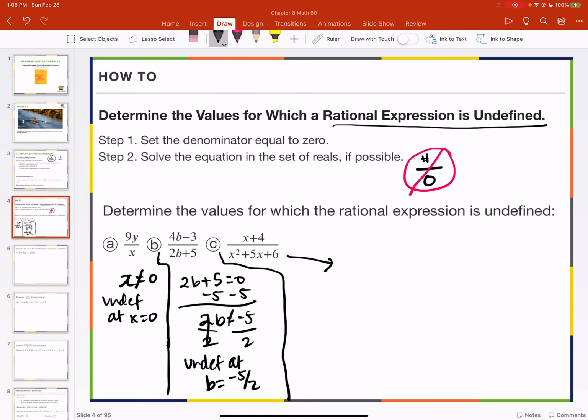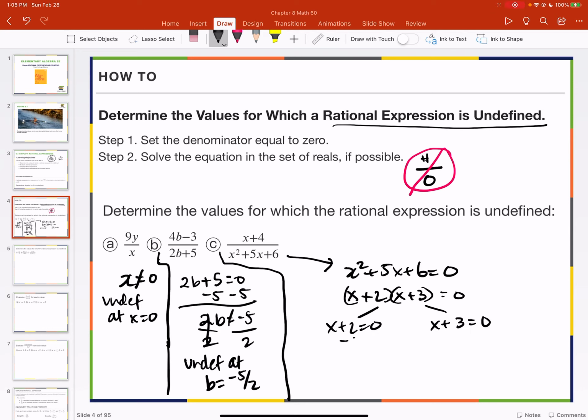And then here, for instance, you have x squared plus 5x plus 6 in the denominator. So you set that equal to 0 and factor: x plus 2, x plus 3 equals 0. Zero product property. If you solve, you get x equals -2 and x equals -3.